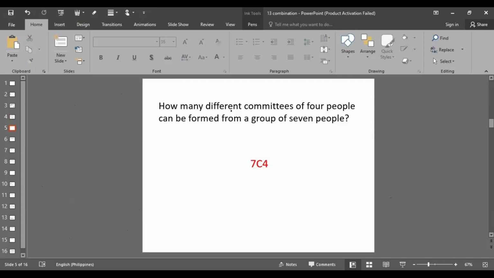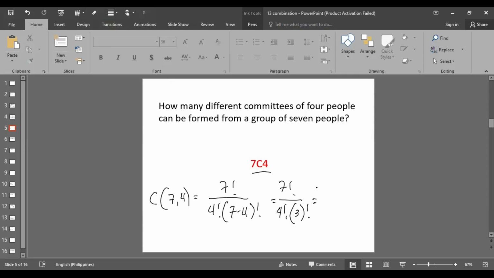Next example, how many different committees of 4 people can be formed from a group of 7 people? So just do this, 7C4, or in a longer method, we have C(7,4) equals 7 factorial over 4 factorial times 7 minus 4 factorial. We have 7 factorial over 4 factorial. 7 minus 4 is 3 factorial. Then expand 7 times 6 times 5 times 4 times 3 times 2 times 1.